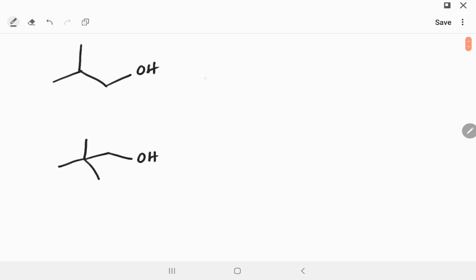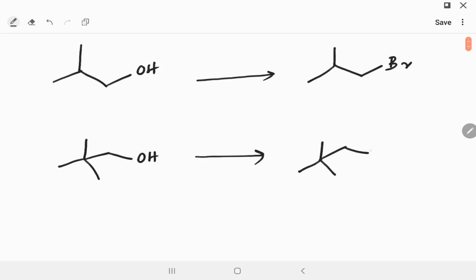If you want to get the corresponding alkyl halides from these alcohols, what type of reagents will you use? Take a second and see if you could come up with appropriate reagents.